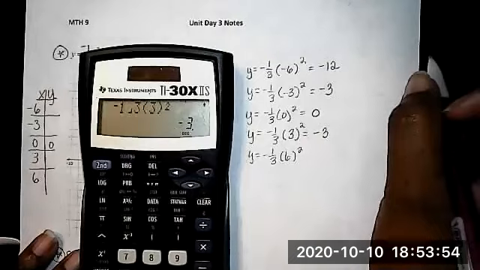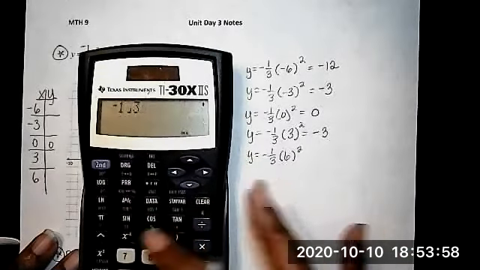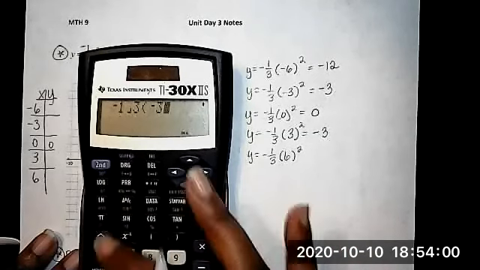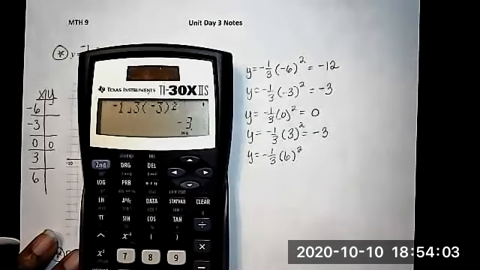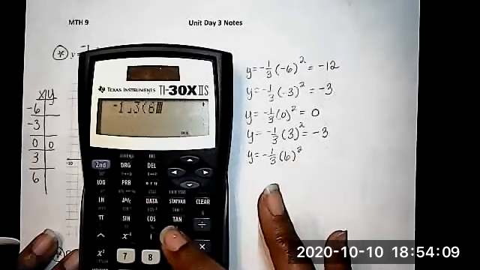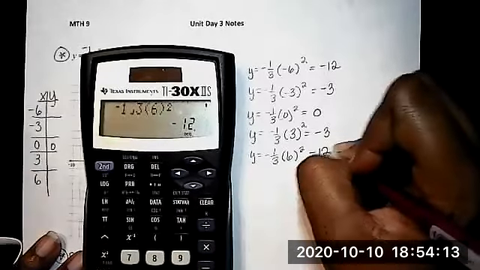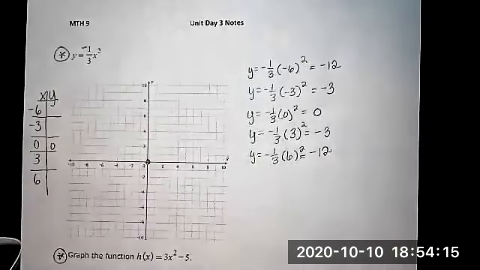Okay. Well, the last time did I put -3? -1 divided by 3. And then I should have put -3 squared. I think I did, but I just want to make sure. Good. -3. And then -1 divided by 3 times 6 squared. Should be -12. Good. Should start seeing a pattern.